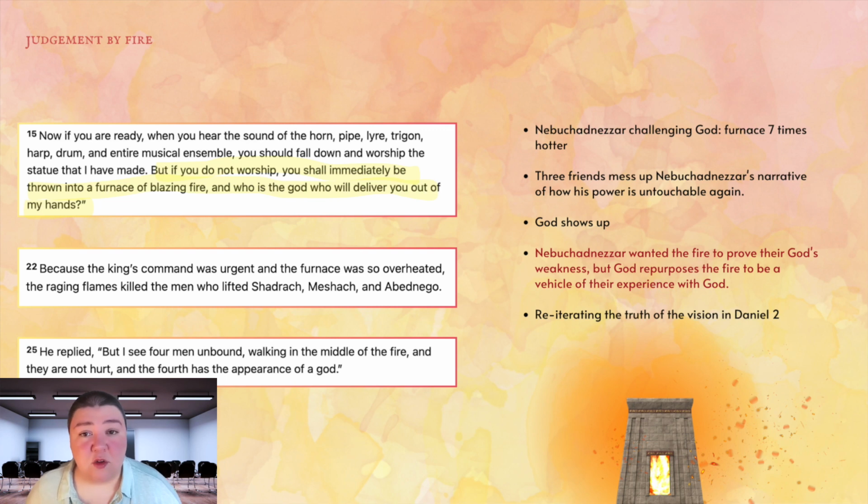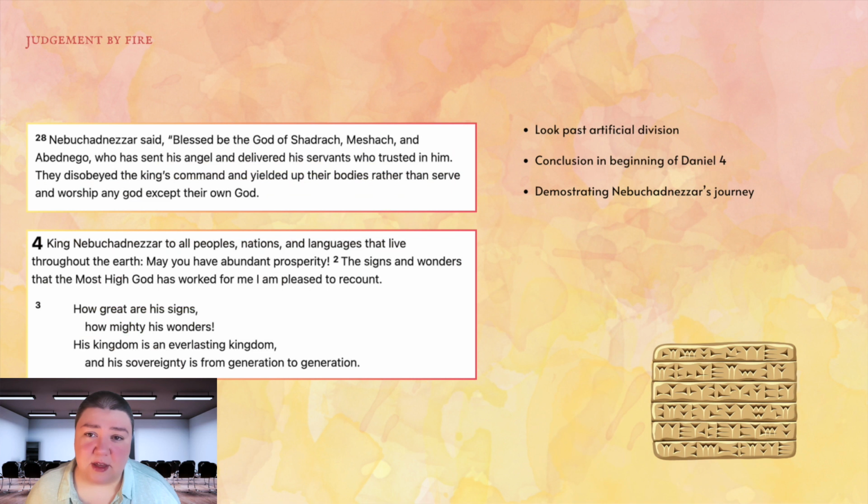And this story concludes with Nebuchadnezzar saying, "Blessed be the God of Shadrach, Meshach, and Abednego, who has sent his messenger and delivered his servants who trusted in him." And as we said, if we look past the artificial division of this chapter, this story actually finishes in Daniel 4, with Nebuchadnezzar making his public declaration throughout his empire.